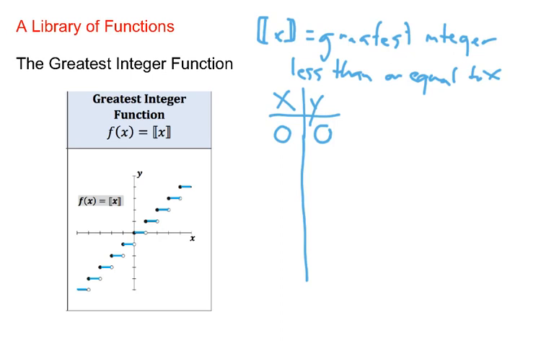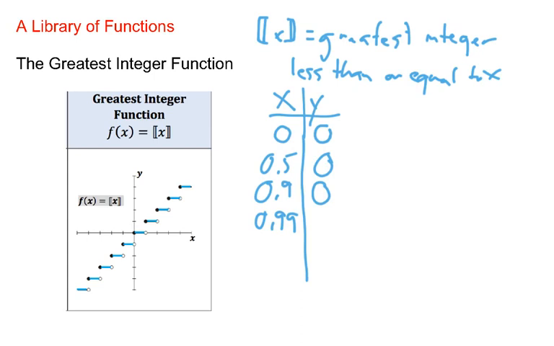So that would give me a 0. Now, look at what happens if I pick something like 0.5 or 0.9 or 0.99. The greatest integer that is less than or equal to 0.5 is 0. Greatest integer less than 0.9 is 0.